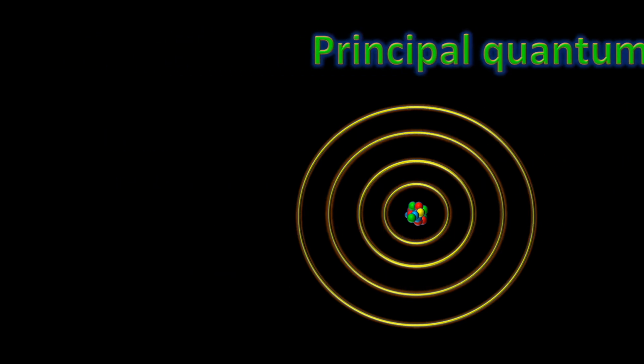And the second one is the azimuthal quantum number. It gives the shape of the orbit. For a given n, the azimuthal quantum number L takes the values 0 to n minus 1.